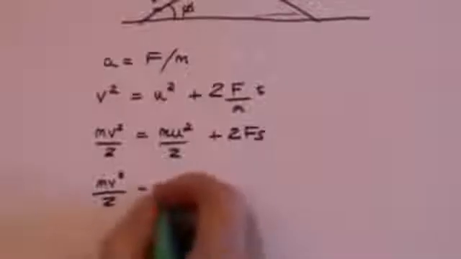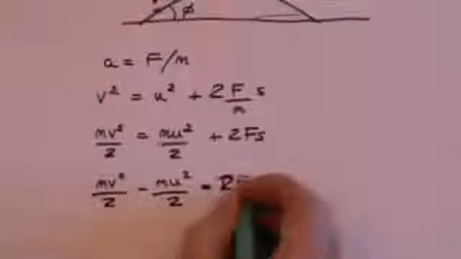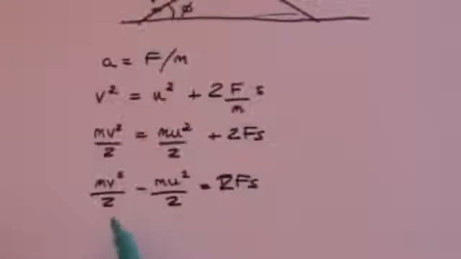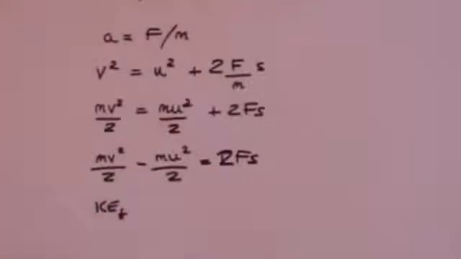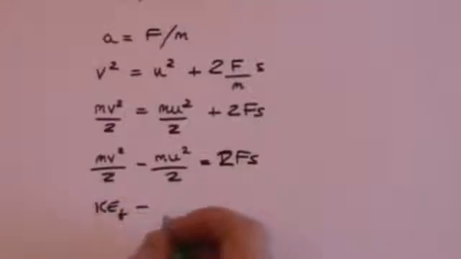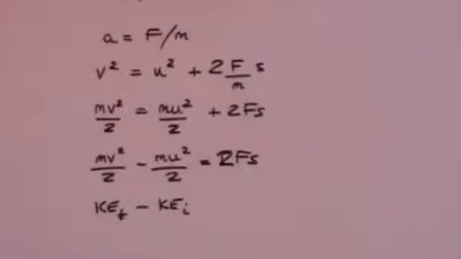And that over 2 minus mu squared over 2 equals 2Fs. But mv squared over 2, or half mv squared, is of course the kinetic energy, and that's the kinetic energy associated with the final, as it were, the end point. Minus, well, half mu squared is the kinetic energy at the outset, what one might call the initial kinetic energy.